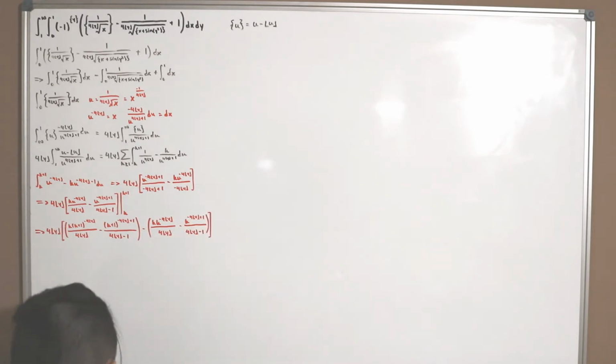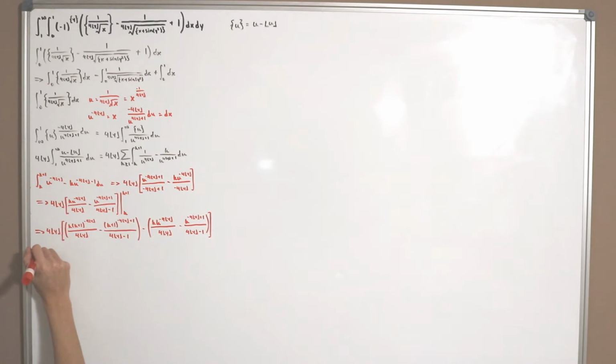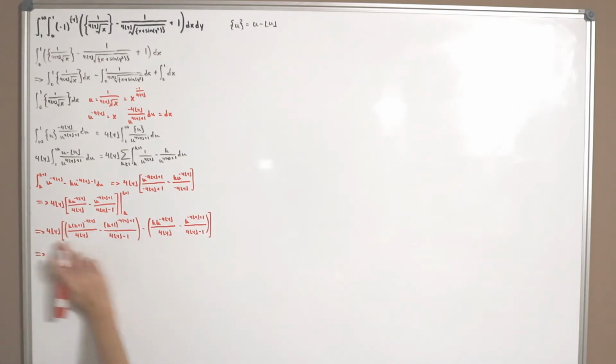So now let's continue to simplify this expression. I'm going to rearrange some terms and also distribute the 4 floor y into this entire expression. Doing all of that, we get the following. Let me write this in parentheses.